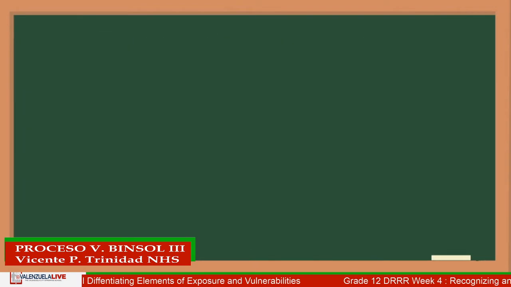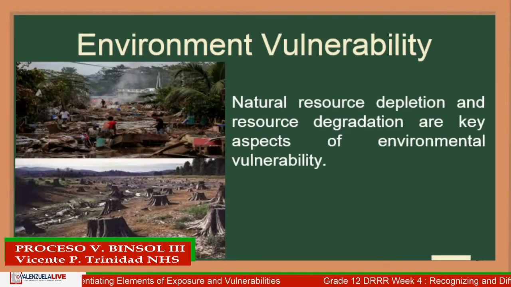Number 4, environmental vulnerability. This is caused by natural resources depletion and destruction. Organisms like humans, animals, and plants are all dependent on the environment for survival.